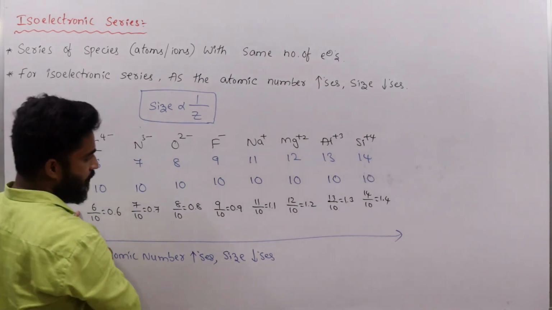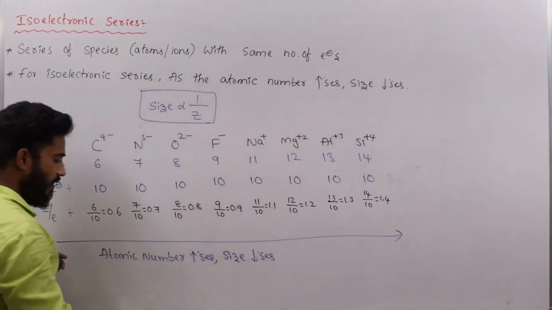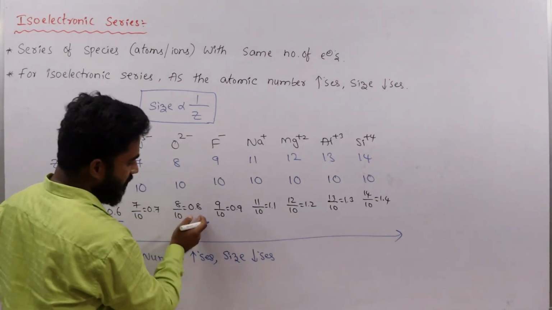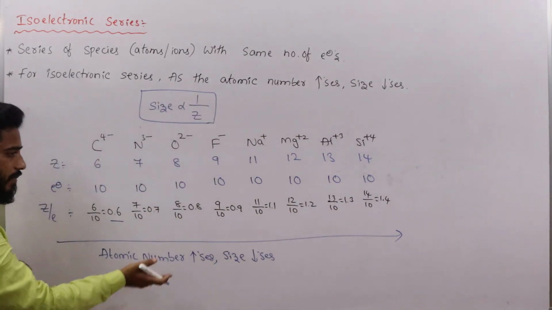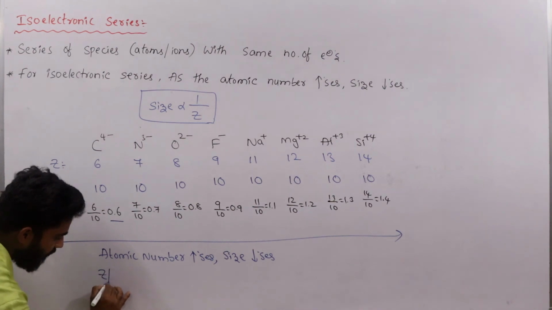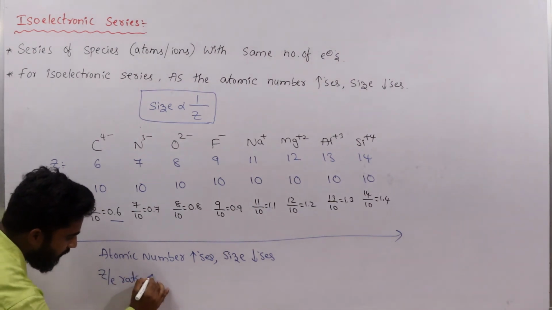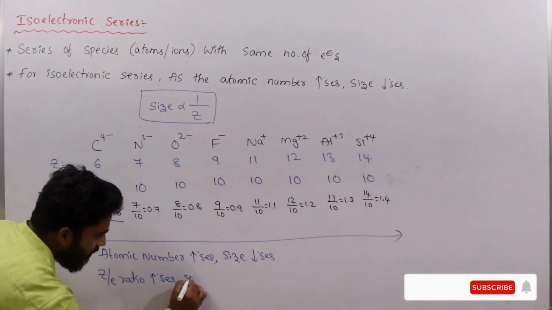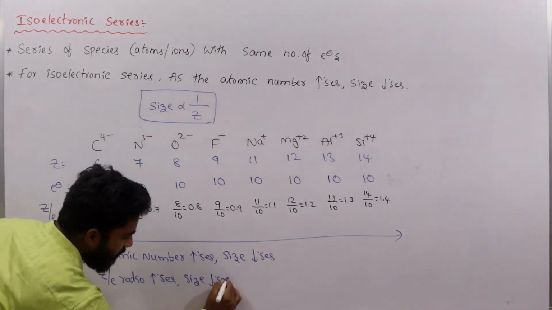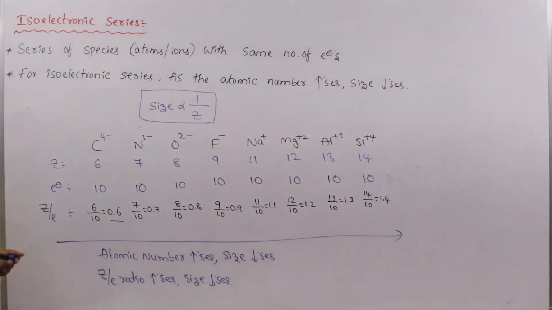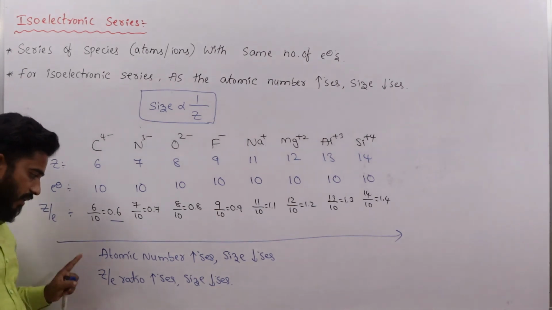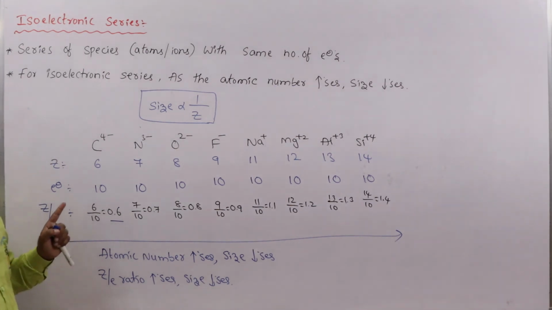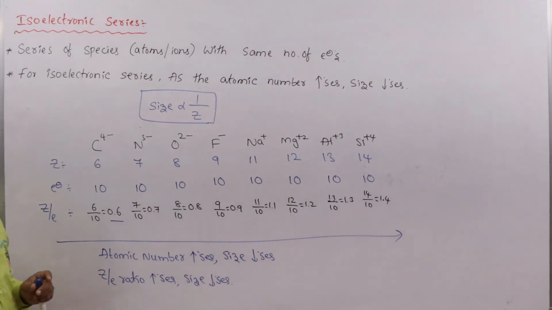From C4 minus to silicon plus 4, this is 0.6, 0.7, 0.8, 0.9, 1.1, 1.2, 1.3, 1.4. So Z by E ratio increases. When Z by E ratio increases, size of the ion, what will happen? Decreases. This we can explain based on both the relation between size and atomic number and between size and Z by E ratio. So this is the isoelectronic series.